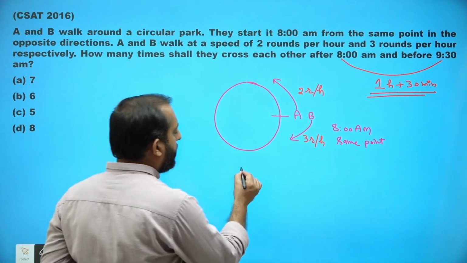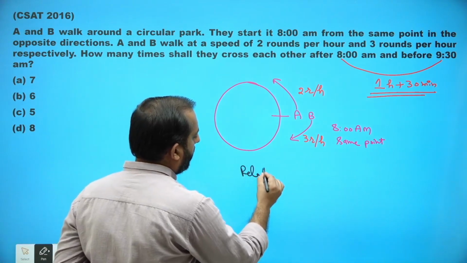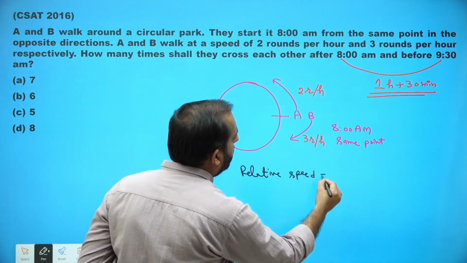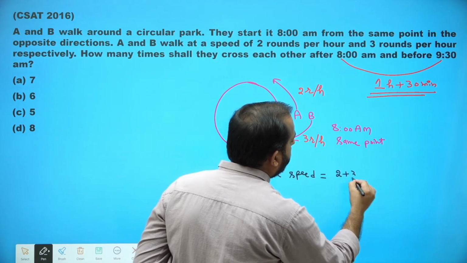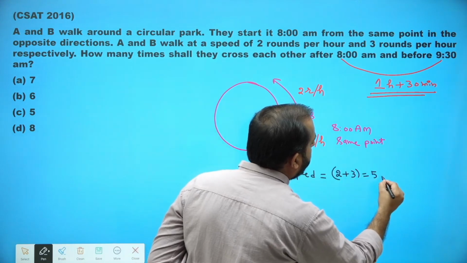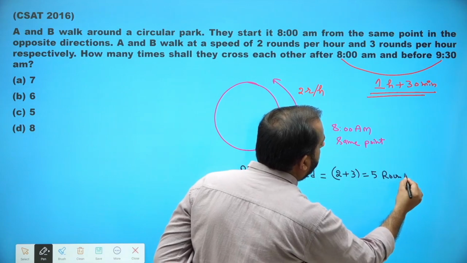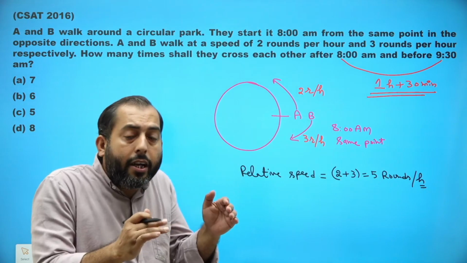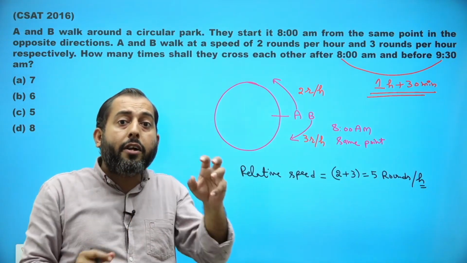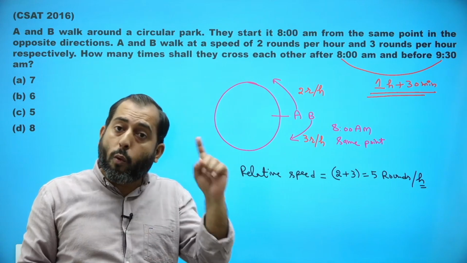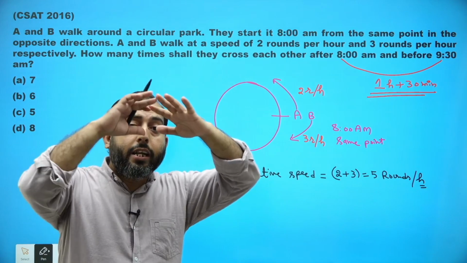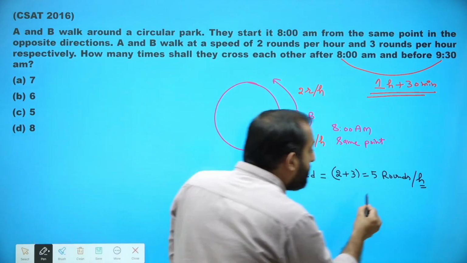So their relative speed will be equal to 2 plus 3, that is 5 rounds per hour. Meaning, collectively they will cover 5 rounds in one hour, meaning they will meet 5 times in 1 hour.